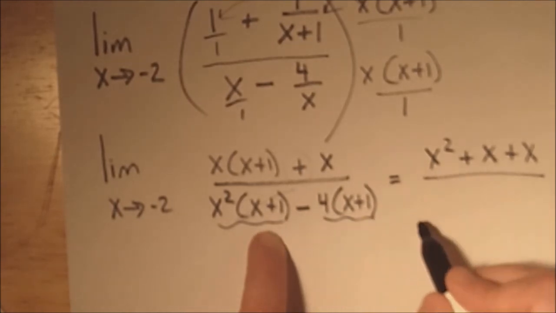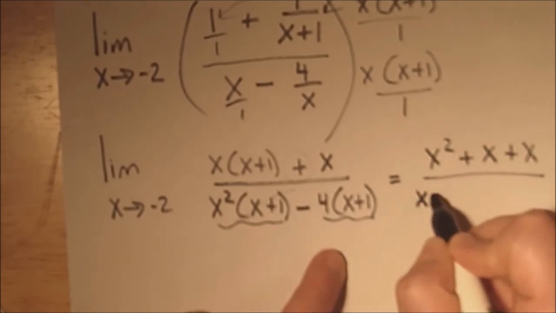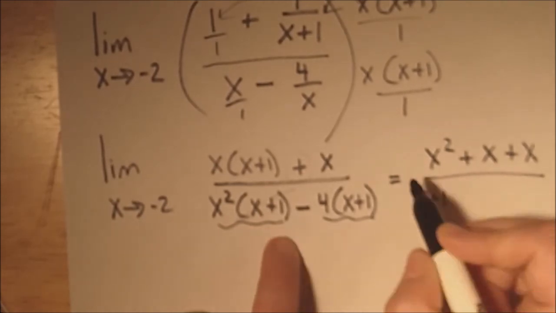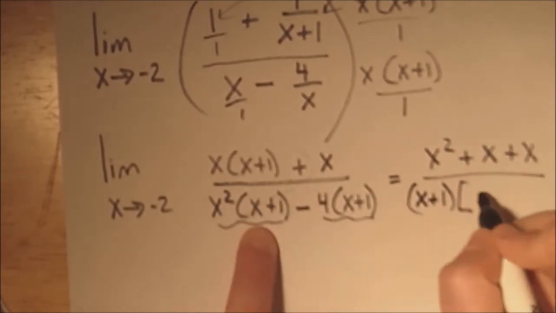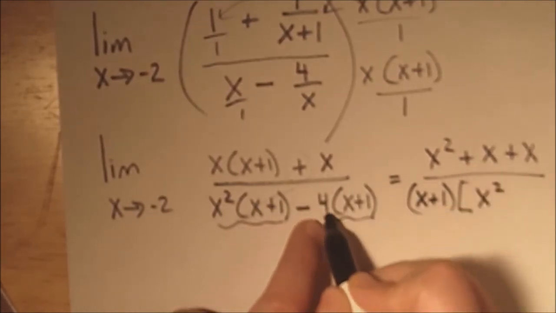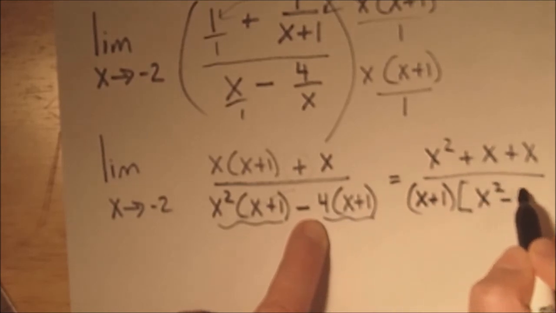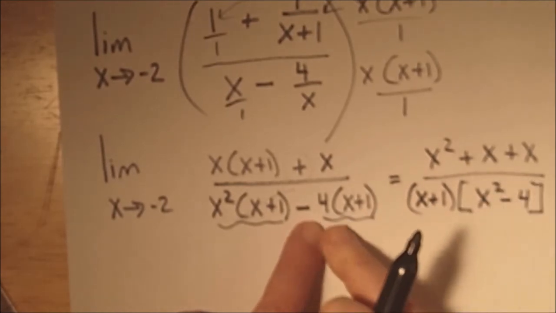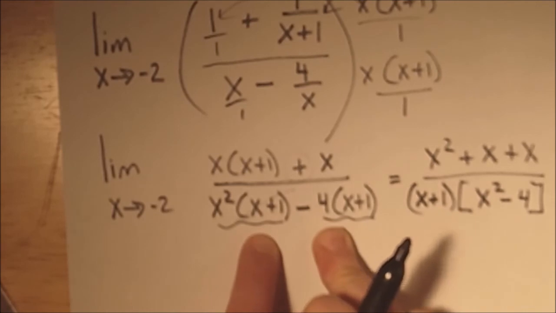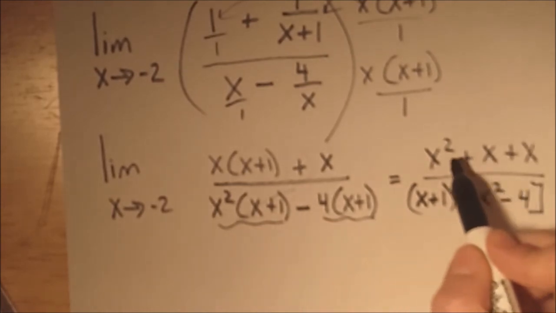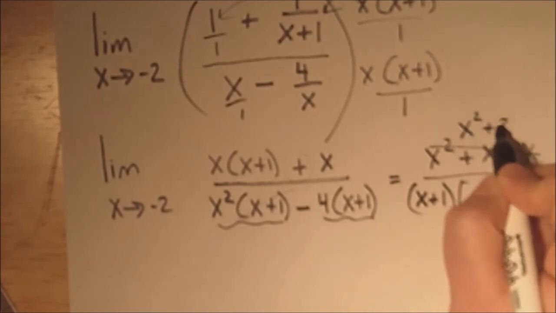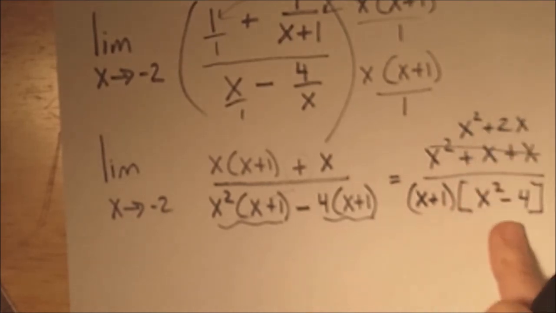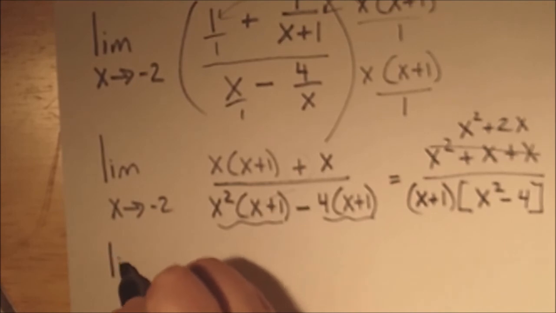If I factored out an x plus 1, then from here I would be left with x squared, and from this term I would be left with minus 4. So that was an easy way to handle the denominator. And up here I've got x squared plus 2x. Now let me factor that as much as I can.